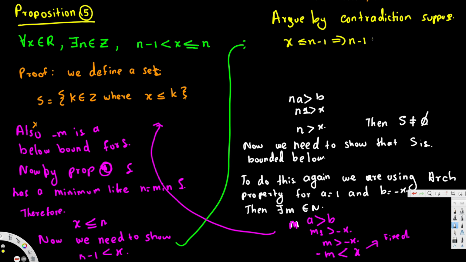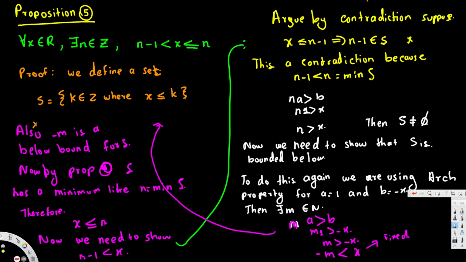Then n minus 1 belongs to S. So this one is not true. This is a contradiction because n minus 1 is less than n, which is equal to the minimum of S. Okay, that's the final thing.